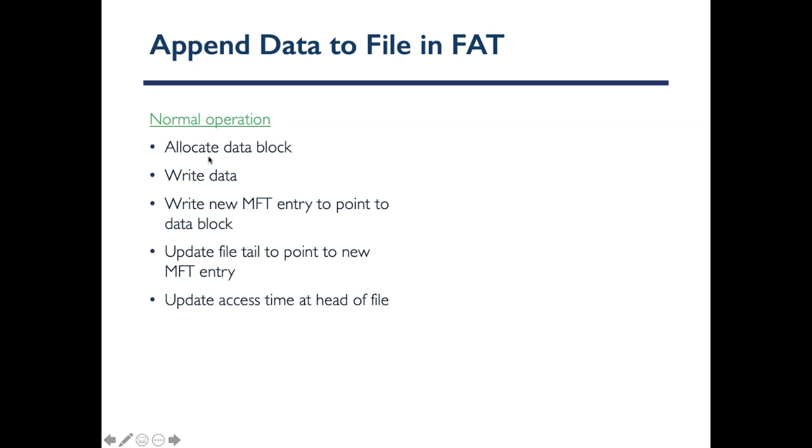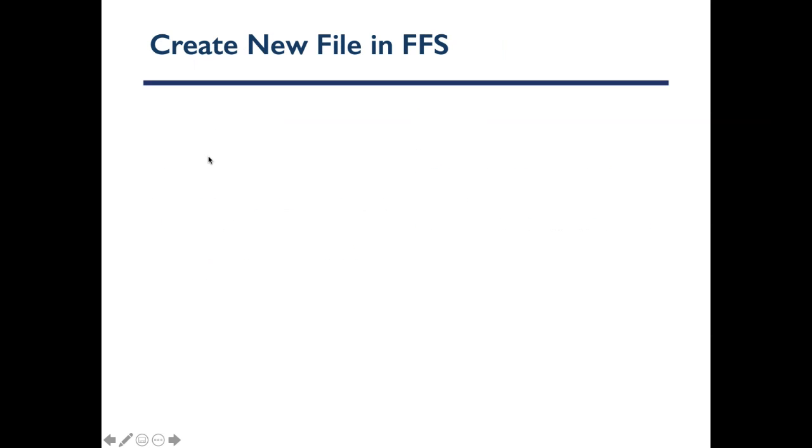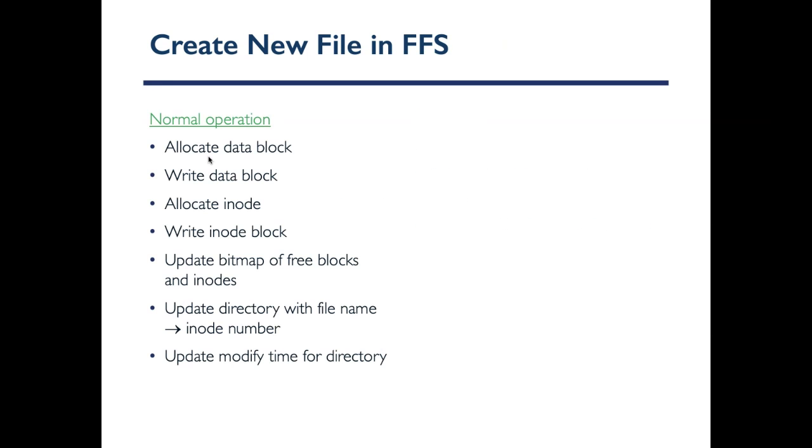I guess I'm going to jump. So let's look at one that is interesting with FFS. Let's say you want to create a new file in FFS. These are the things that you would do in sequence. You would allocate first your data block. You would write to that data block. Then you would allocate an inode.